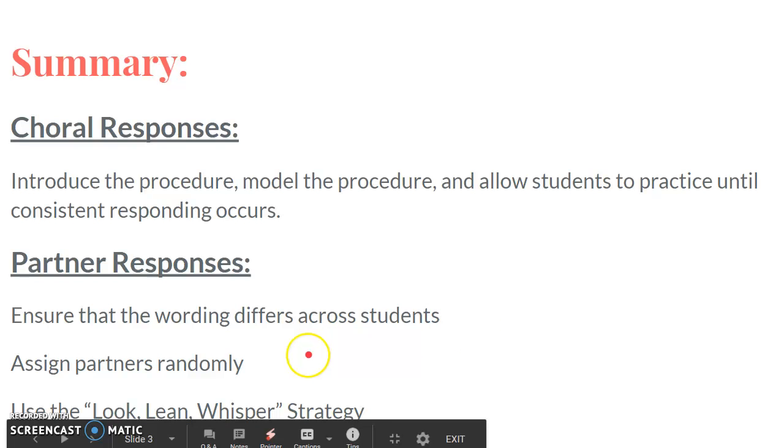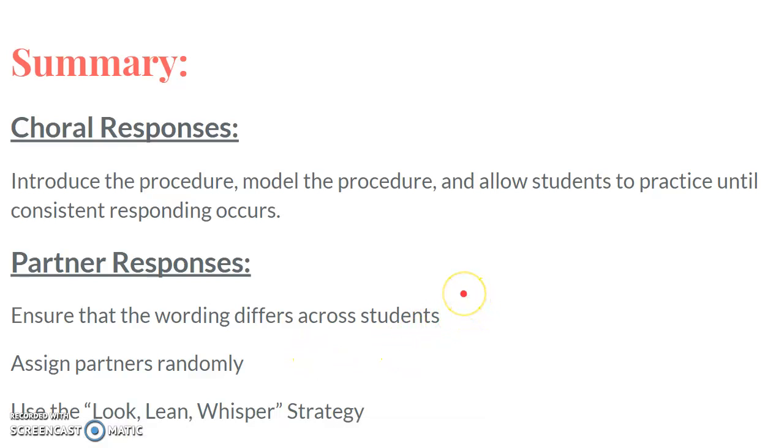You also want to assign partners randomly so that they get experience working with all students within the classroom and not just one. You could do this by creating a number system or using an app that generates numbers or a way to split up your students.